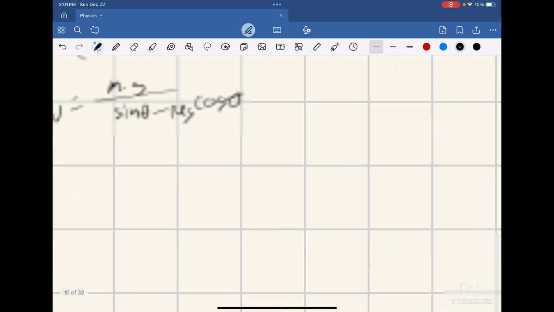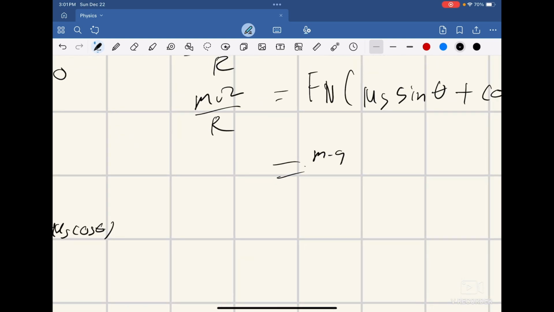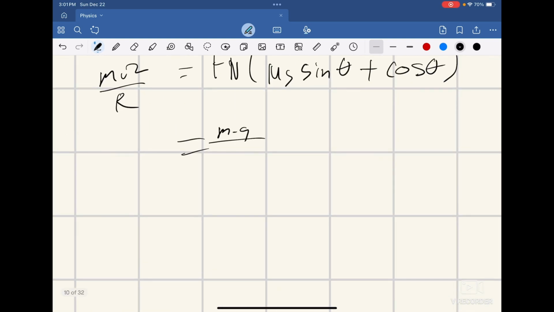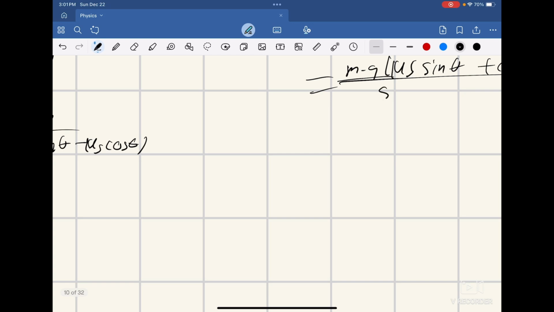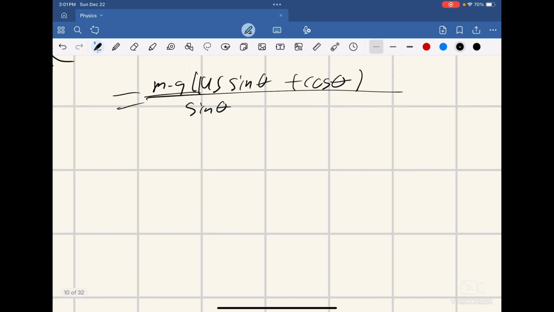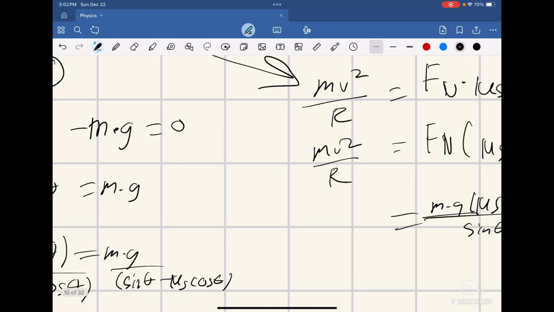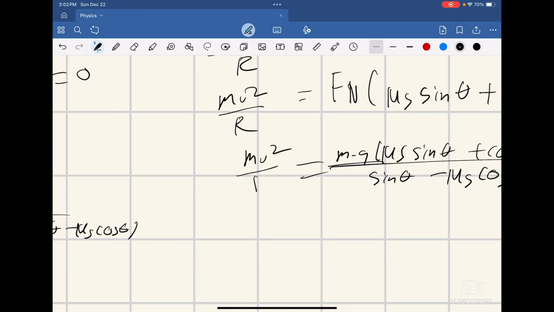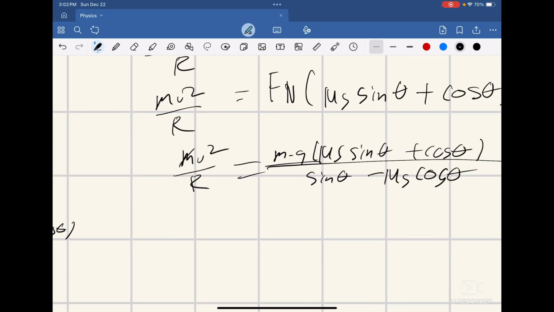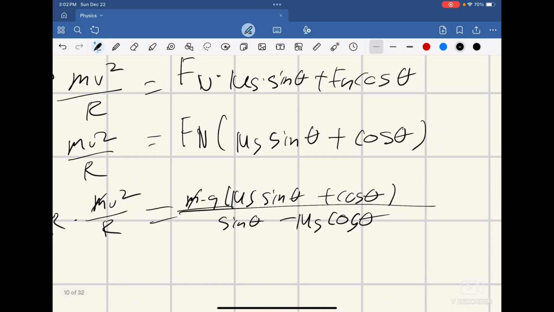And now we can just substitute Fn in, which is mass times gravity over sine theta minus mu s cosine theta, times mu s sine theta plus cosine theta, is equal to mv squared over r. Now what we can do here is just cancel out the m and multiply both sides by r, right?